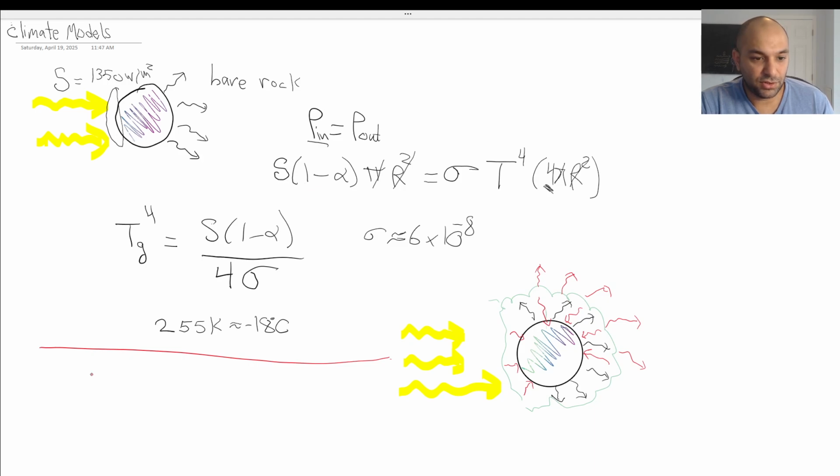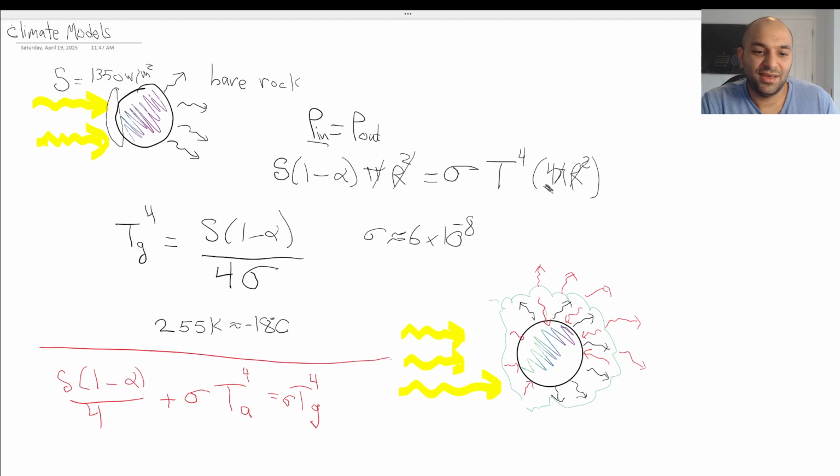Now what goes into Earth is S(1 minus alpha)/4, that's the factor from the radiation, plus sigma times the temperature of the atmosphere to the 4th. Now that's equal to T ground times sigma, also to the 4th.